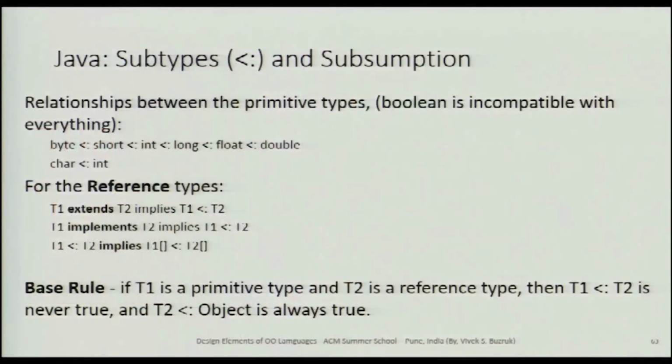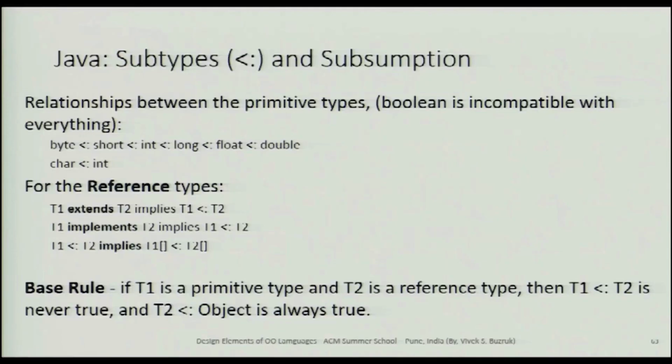So, let us revisit subtypes and subsumption in a more formal way. The relationship between primitive types here is that byte is a subtype of short, correct. Short is a subtype of int. So, whatever is applicable for int obviously will be applicable for short, correct.